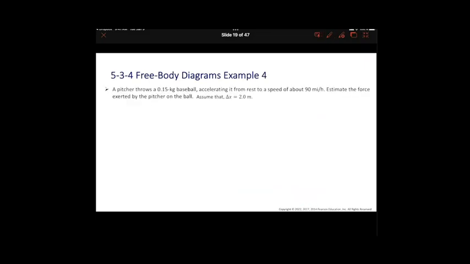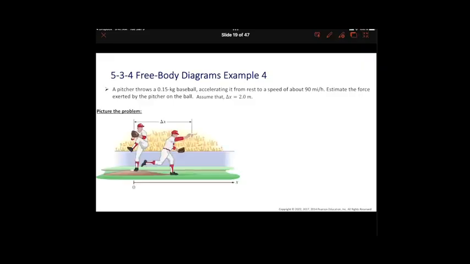Now let's see one more example before moving to the next section. A pitcher throws a 0.15 kilogram baseball, accelerating it from rest to a speed of about 90 miles per hour. We are asked to estimate the force exerted by the pitcher on the ball, assuming delta x equals 2.0 meters. So this is the picture of the problem.